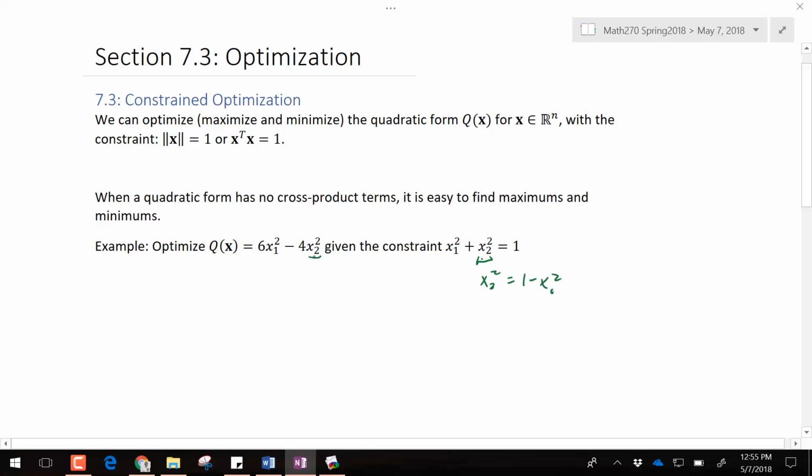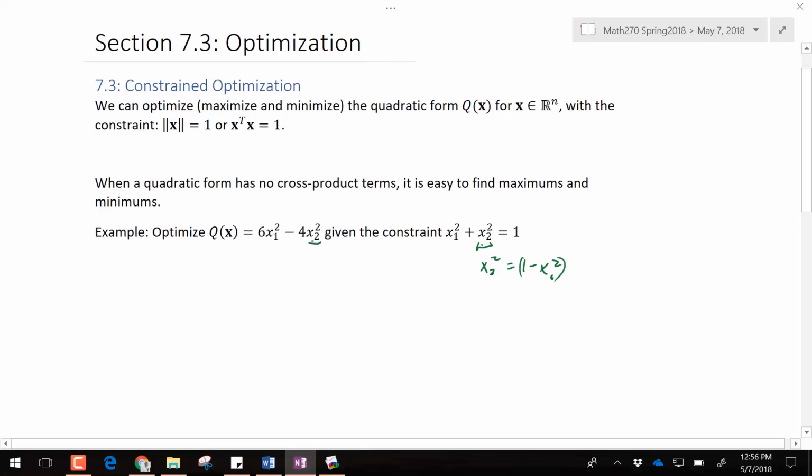Since there's an x2 squared already there, let's not bother taking the square root, and let's just put this information in for x2. So our q function is actually going to equal 6x1 squared minus 4 times 1 minus x1 squared.